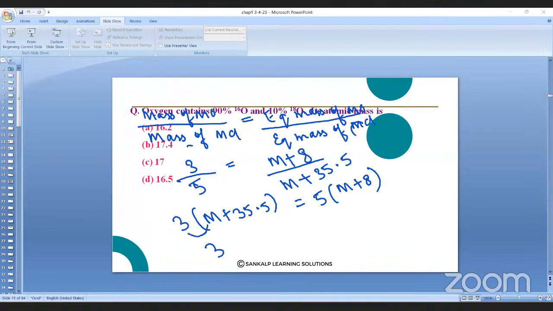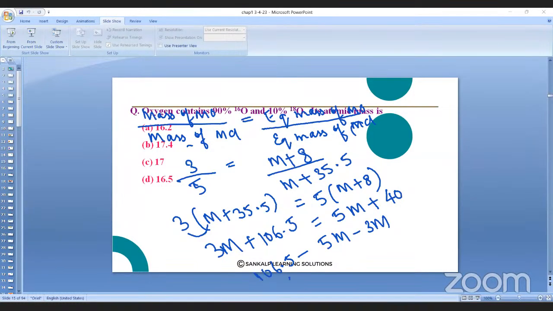Multiply each with 3. So 3m plus 3 into 35.5, it will be 106.5. Okay, this 5 into m plus 5 into 8 is 40. Now substitute. This 5m you take, so 3m you can take that side. So it becomes 5m minus 3m, and 106.5 minus 40.